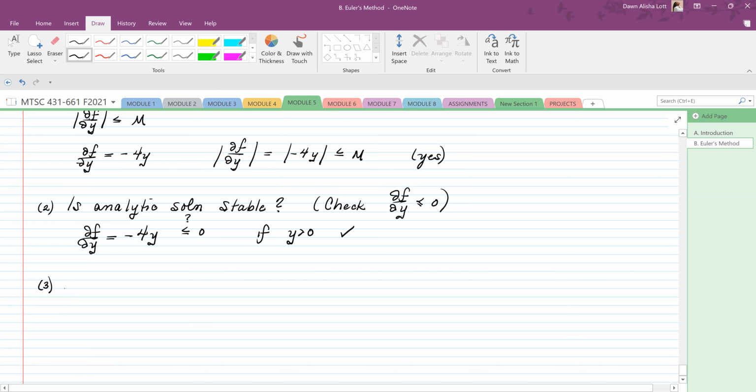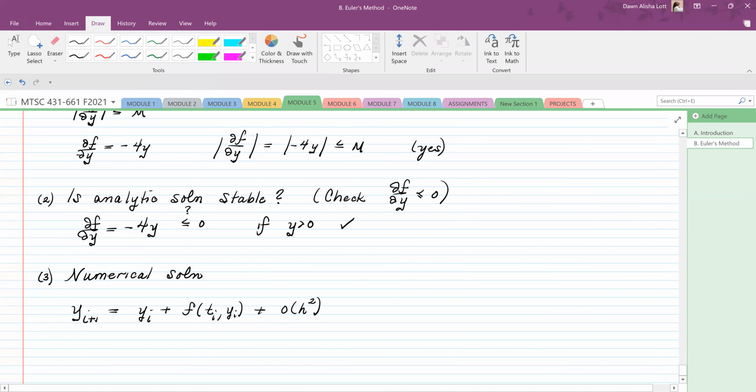And the numerical solution with the error is y_{i+1} equal to y_i plus f of t_i, y_i, plus O of h squared. That's my error.